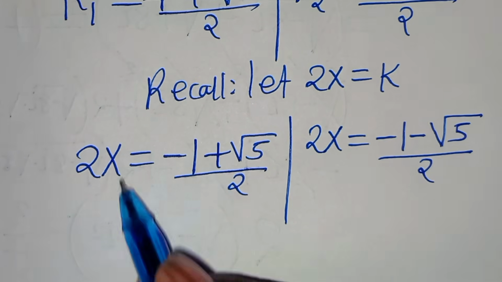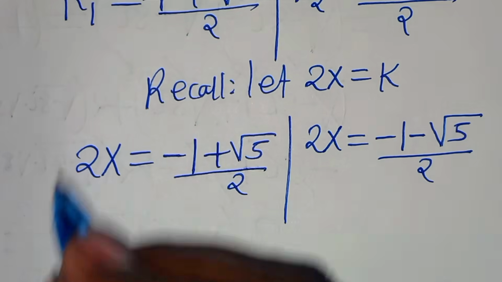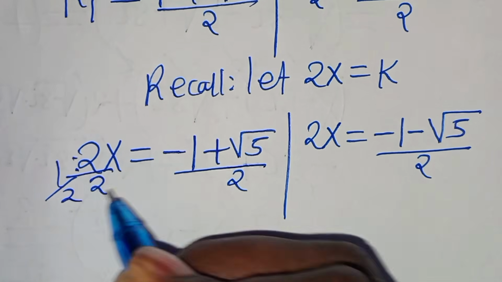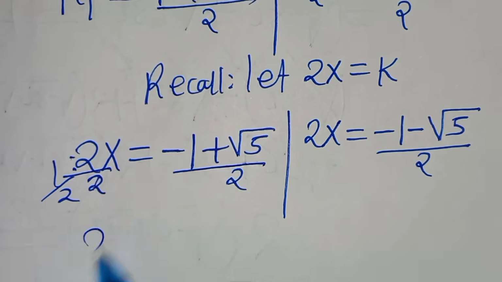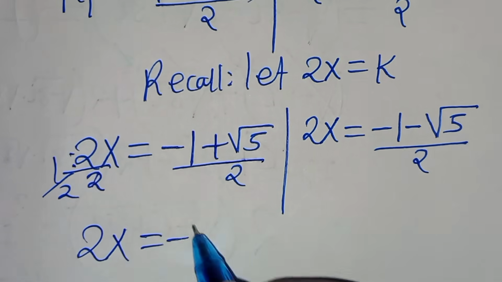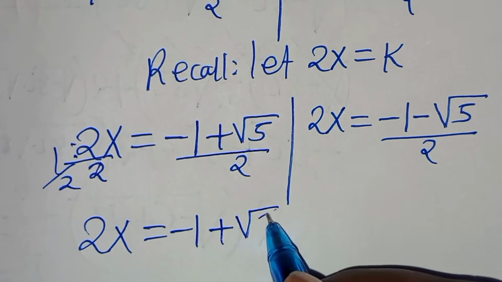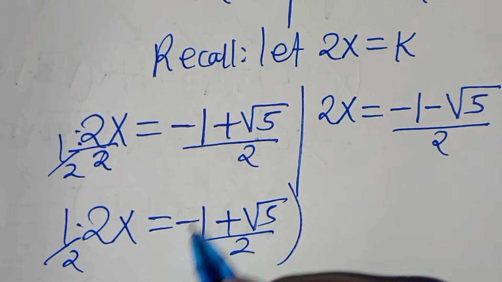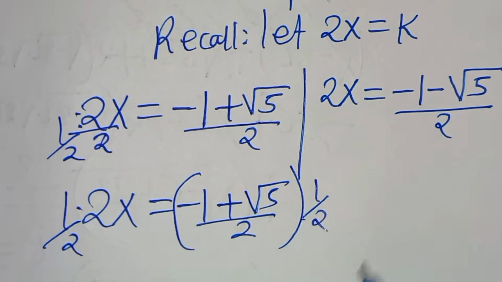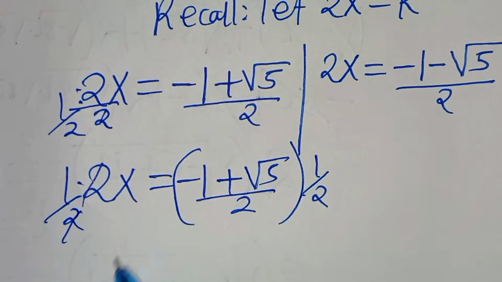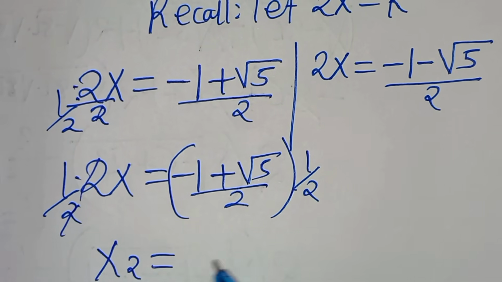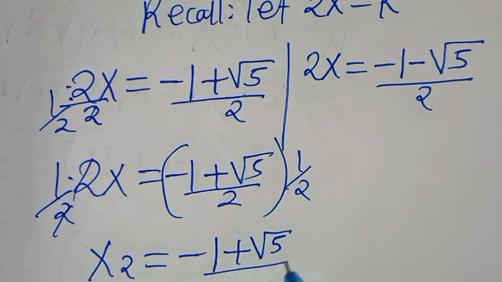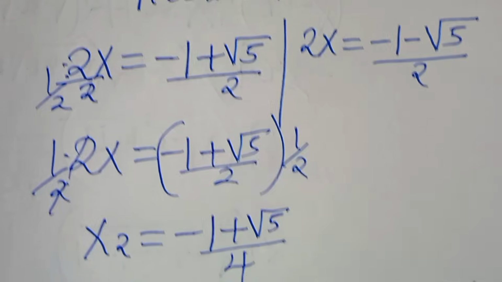Now, let's divide both sides by 2, or rather we multiply by a half on both sides. So this is 2x equal to negative 1 plus square root of 5 over 2. So let's multiply by a half here, and also here we multiply by 1 over 2. So this means that x2 is equal to negative 1 plus square root of 5 divided by 2 times 2, which is 4.